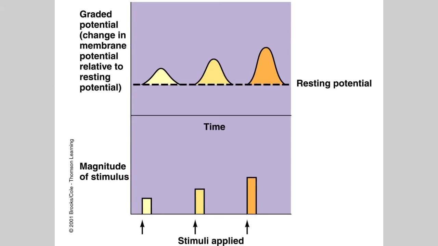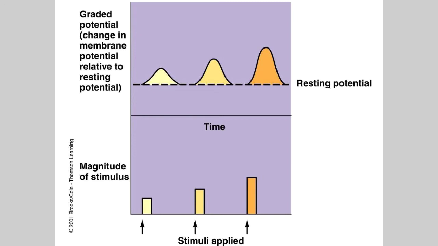Okay. And so basically what we're seeing in this graph is that the strength of the stimulus can change the membrane potential to a varying degree. The magnitude or the strength of the stimulus you can see below, that first one, the yellow one, is quite weak. That corresponds with the graded potential that has been produced above, and you can see it's pretty small.